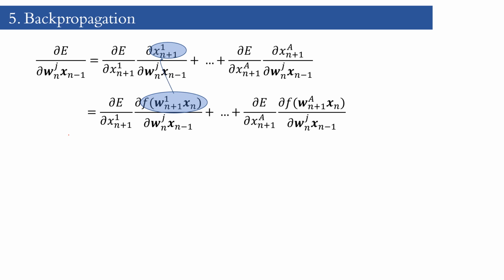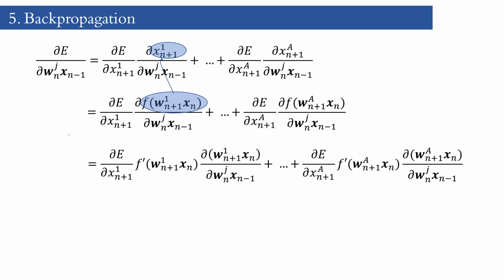With the rules of differentiation, each term can be written as the derivative of the activation function multiplied by the derivative of the input to the output node, Wn plus 1 xn. In this vector by vector multiplication, the only value that depends on Wnj xn minus 1 is the value corresponding to the jth column.